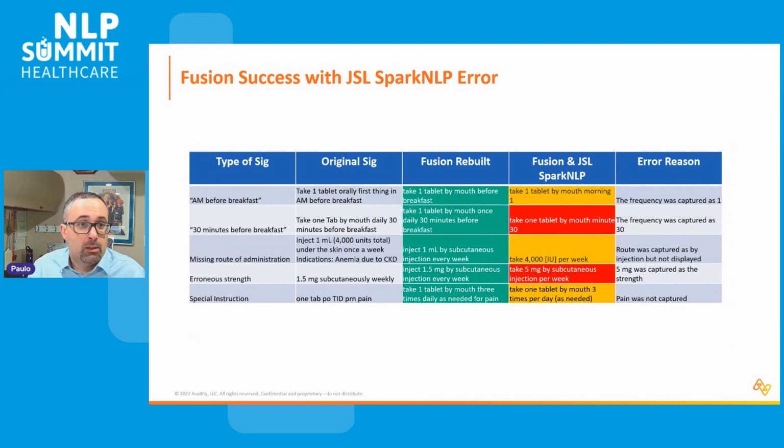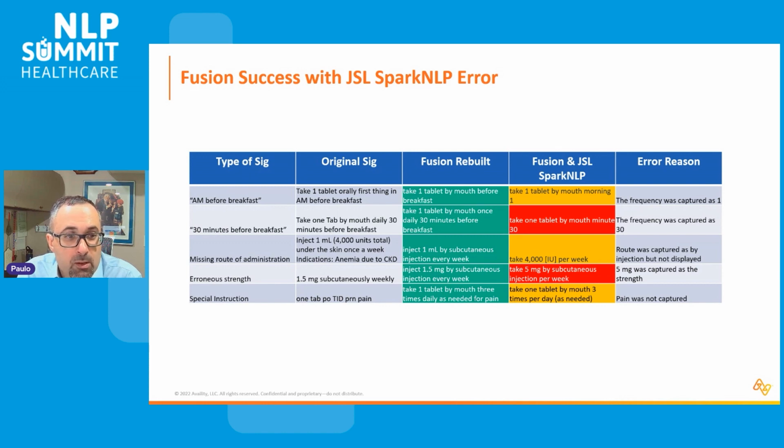This is actually a slide looking at situations where Fusion succeeded, but the John Snow Labs Spark NLP didn't succeed. Or didn't 100% succeed. So things like the term AM before breakfast. So you could see take 1 tablet by mouth before breakfast is the Fusion rebuilt. But when we added Fusion and John Snow Labs Spark NLP, it was take 1 tablet by mouth morning 1.